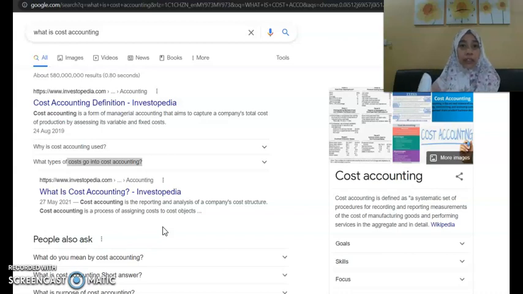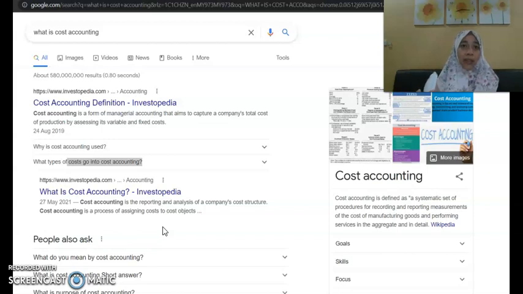Assuming that your cost now is 8 ringgit, then I want to have a profit of 2, so I'm going to sell it at 10. The difference between your total revenue and your total cost, between your 10 and your 8, is 2. So 2 is your profit, as simple as that.